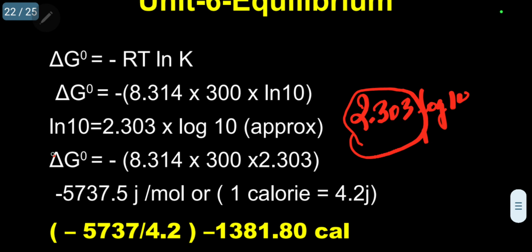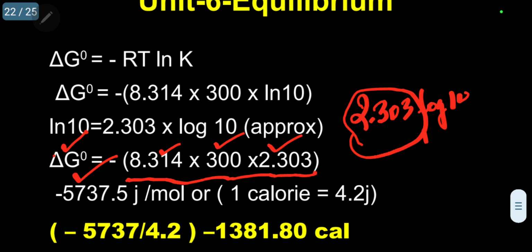So delta G0 equals minus 8.314 multiplied by 300 multiplied by 2.303. You should be careful with the multiplication here. If you multiply, you will get a value of minus 5743.5 joule per mole.